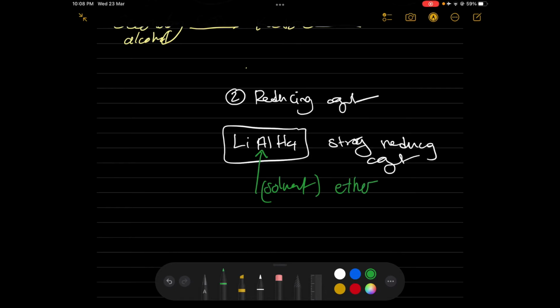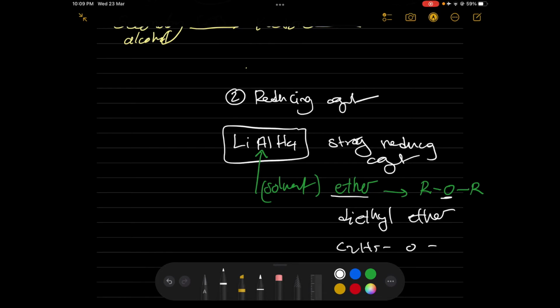By the way, ethers are a homologous series in organic chemistry, described as R groups with an oxygen atom in between. The general ether that we can use is diethyl ether, which means you have 2 ethyl groups with an oxygen in between, C2H5. So this is diethyl ether, which works as a solvent.